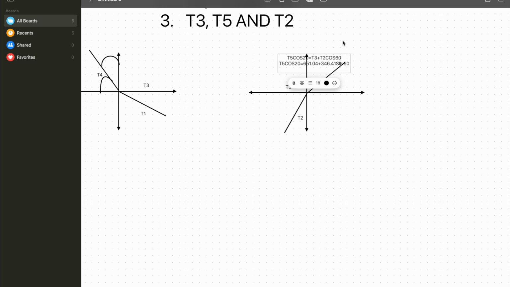So if we calculate this, T5 is 651.04 plus 346.41 cosine 60, divided by cosine of 20.